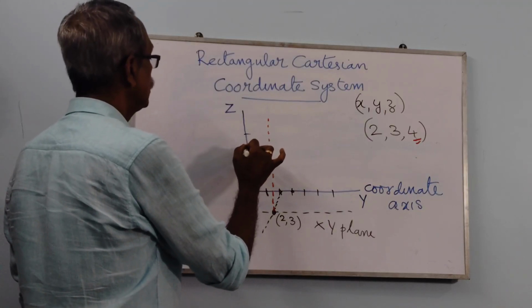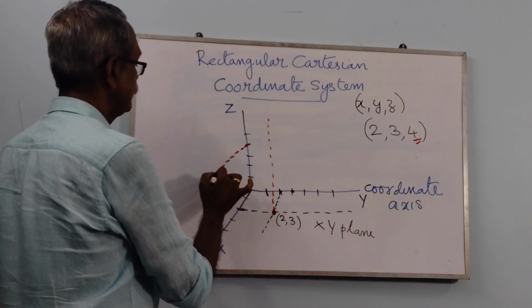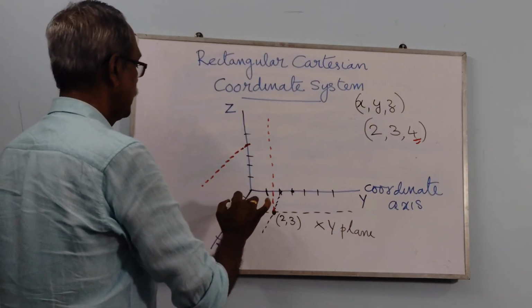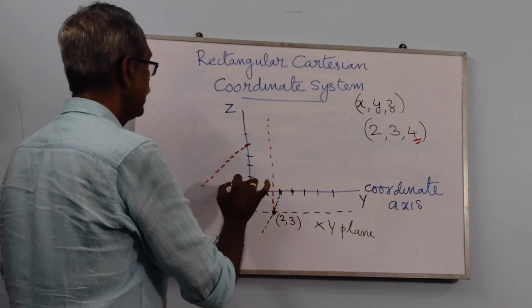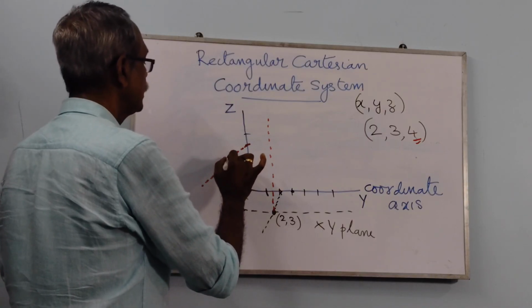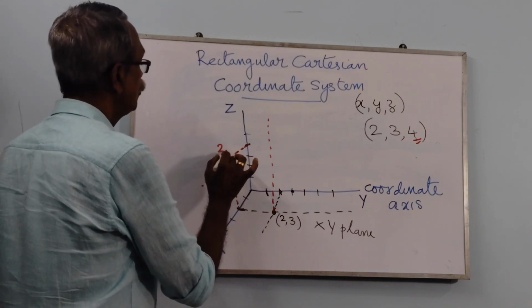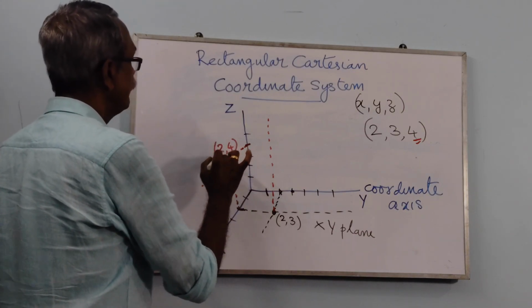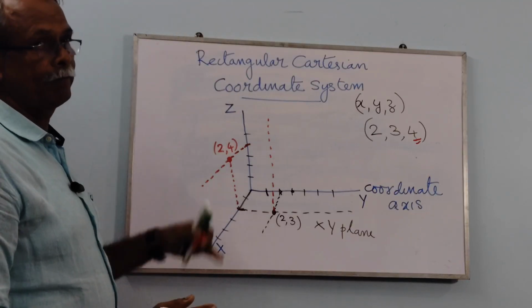I go along the x-axis parallel to that, like this. From this point 2, I mark a line like this. These two will be intersecting at the point 2, 4, which is the coordinate in the xz plane.